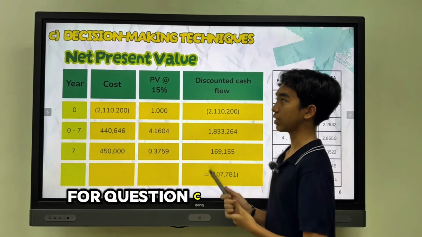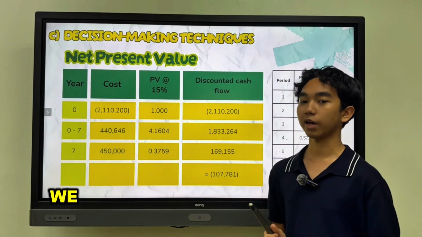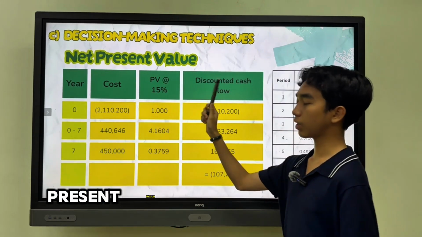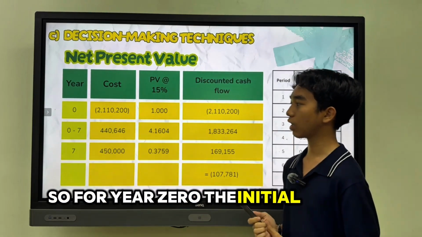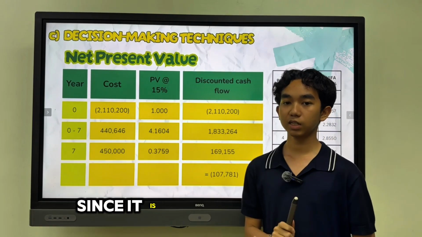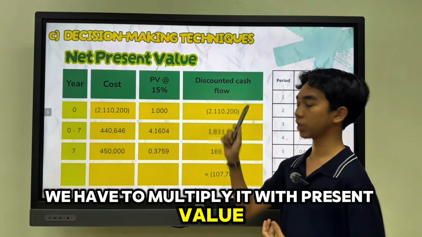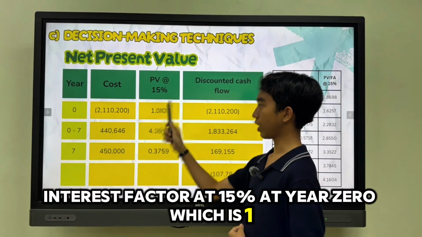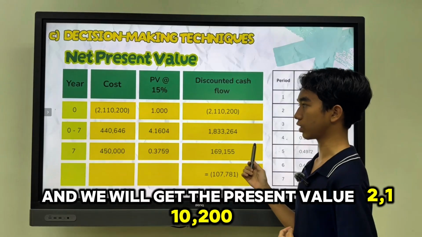So for question C, decision making technique, the first one is net present value. We have to create a table like this, which consists of year, cost, present value rate, and discounted cash flow. For year 0, the initial outlay is 2,110,200. Since it is an initial investment, we multiply it by the present value interest factor at 15% at year 0, which is 1, and we get a present value of 2,110,200.